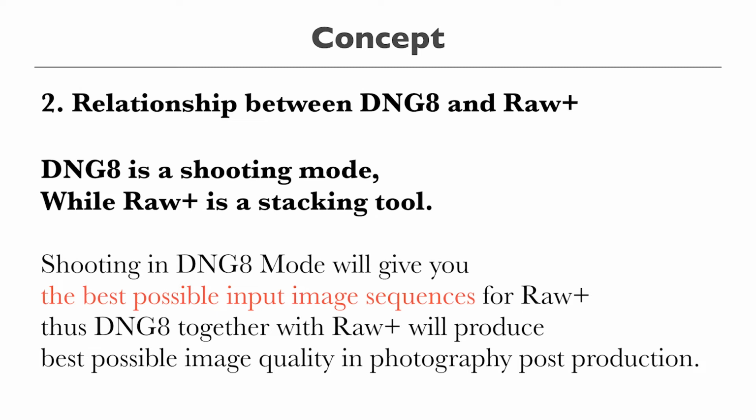Or you can say there's the DNG16, DNG100, or DNG Infinity, as long as it's shooting DNG files in a DNG8 way, the sequence of raw data will be a very good input for the RAW Plus. So step 1 is DNG8, step 2 is RAW Plus. Combined, step 1 and step 2, you will get high imaging quality. And that is the best starting point in your photography post-production workflow.